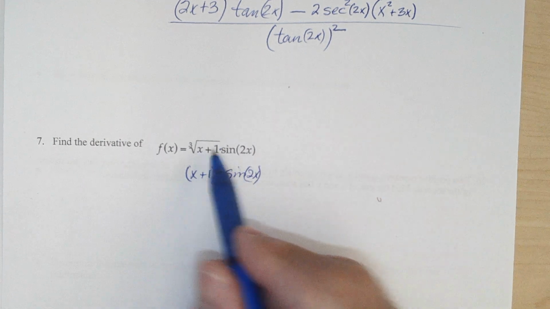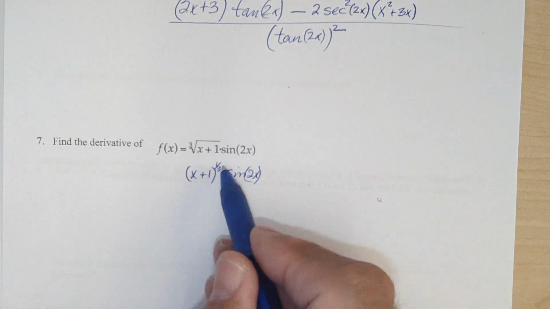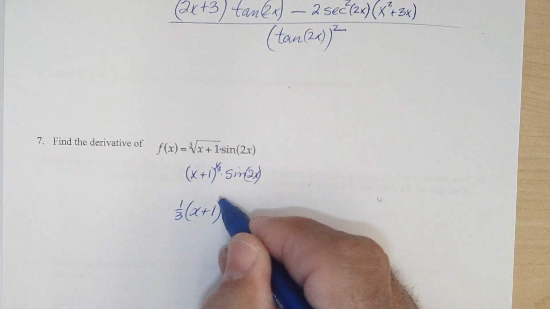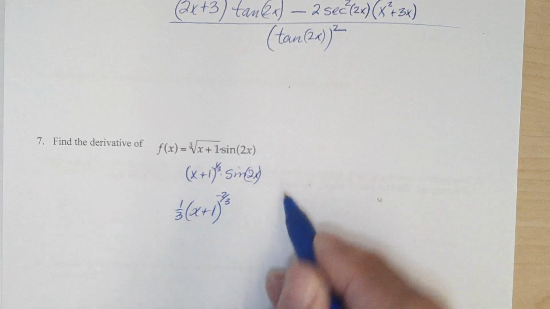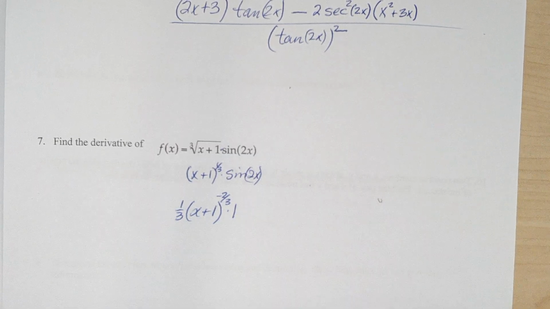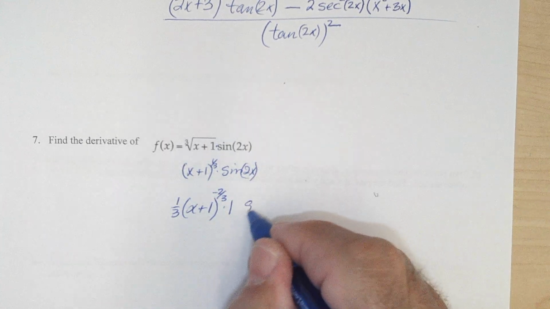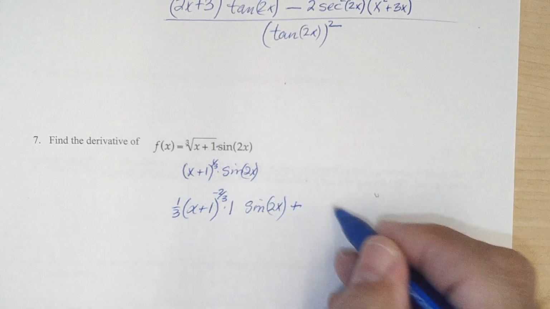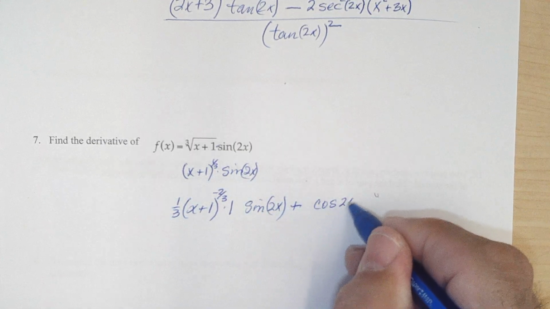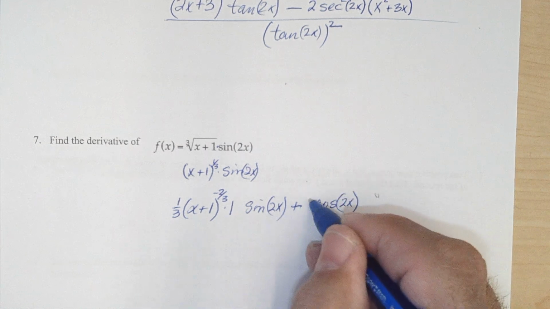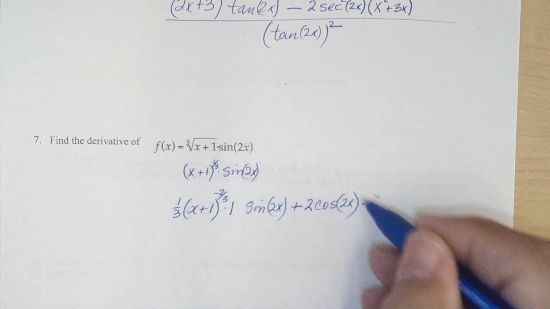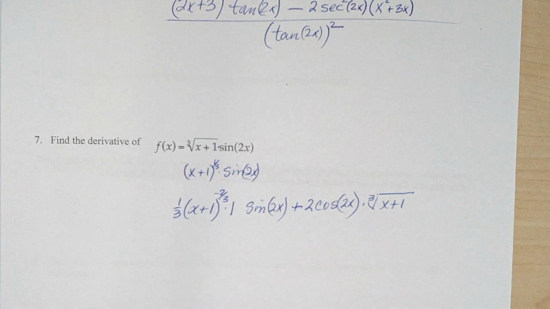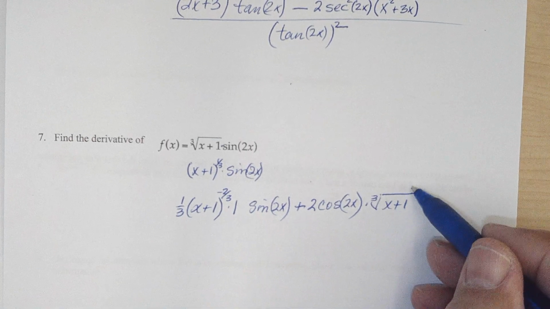So to take the derivative, I've got to take the derivative of the first, which would be 1/3 x plus 1 to 1 less, which is minus 2/3, times the derivative inside, which is 1, times the second, plus the derivative of the second, which is cosine of 2x, times the derivative of the inside, a 2, times the first. And I could have written this as x plus 1 to the 1/3.